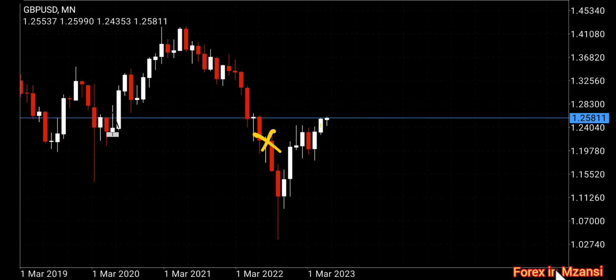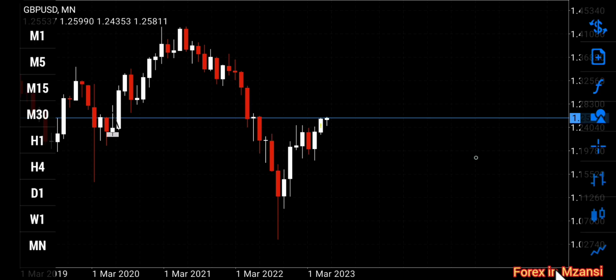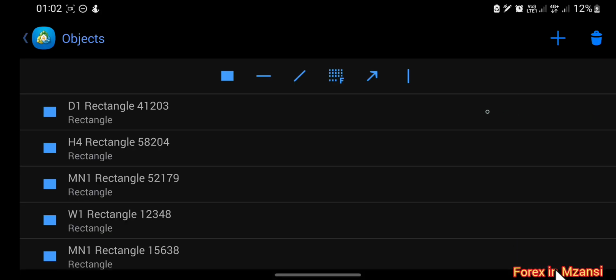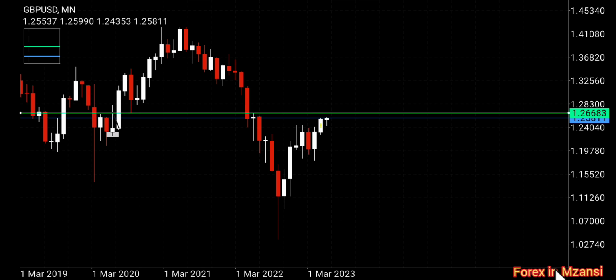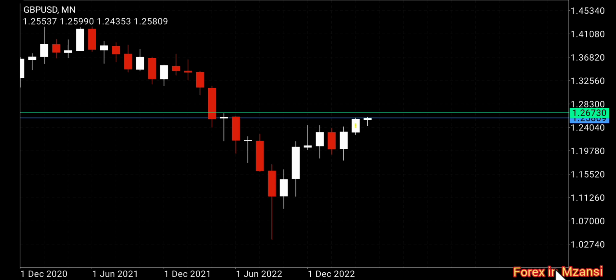The first one has been removed, the second one not yet. So we are inside the second zone. We can say that the bulls are trying to win the battle, because they've only taken out one zone. The second one, they haven't removed it.